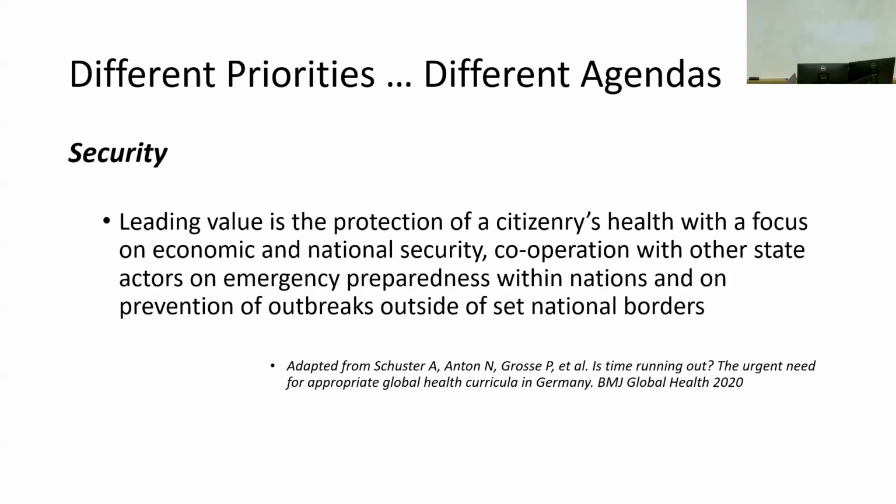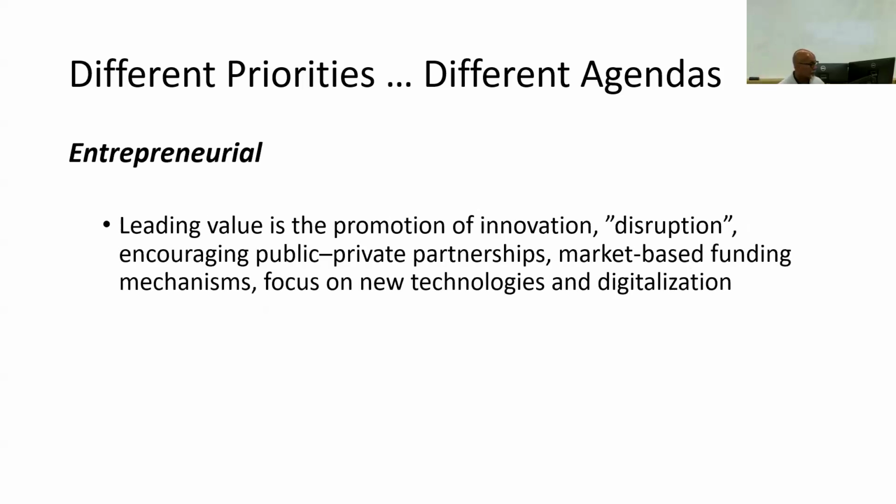Cooperation with other state actors on emergency preparedness within nations, and on the prevention of outbreaks outside set national borders. That's the emphasis. We want to do global health with an emphasis on security. Entrepreneurial. Leading value is the promotion of innovation, quote unquote disruption, encouraging public-private partnerships, market-based funding mechanisms, focusing on new technologies and digitalization.